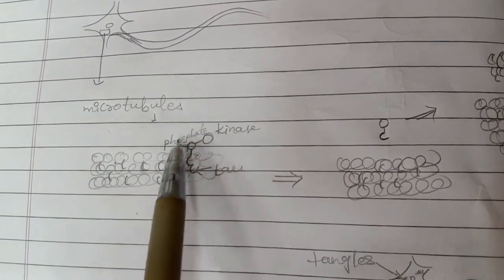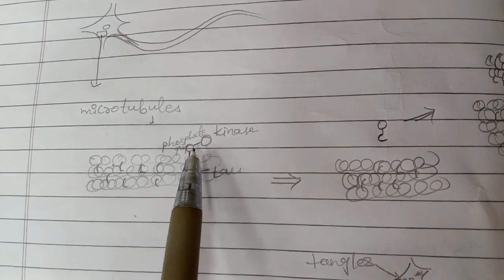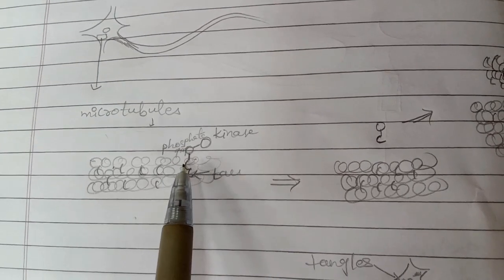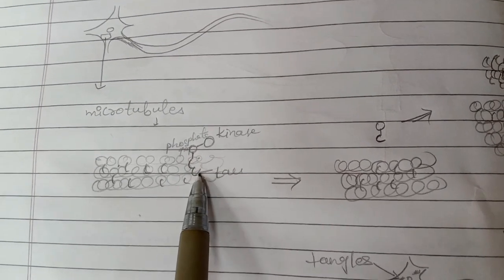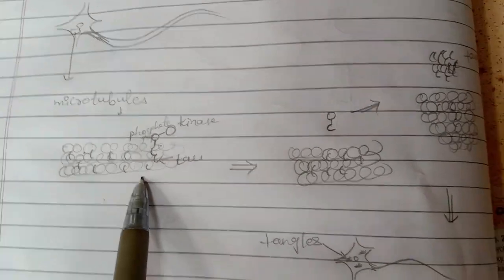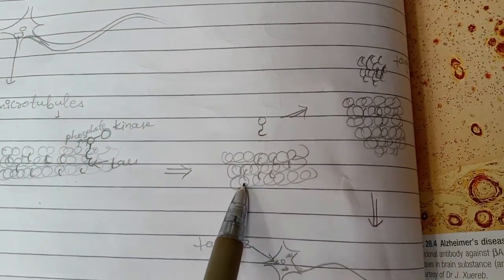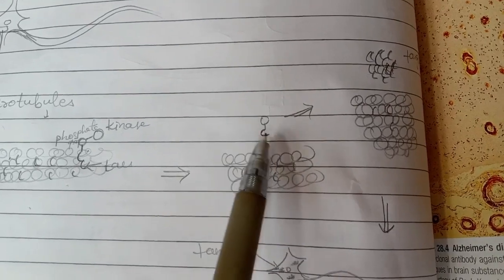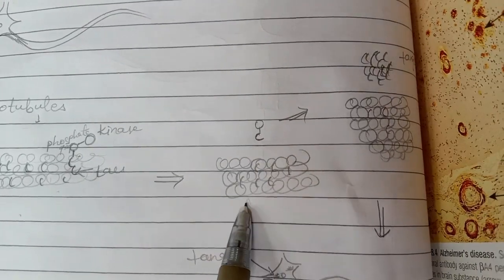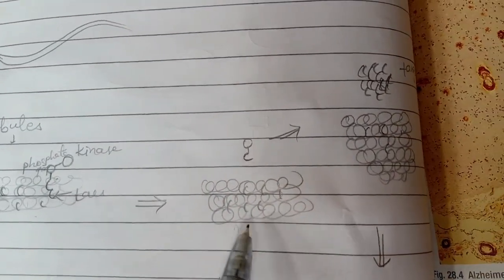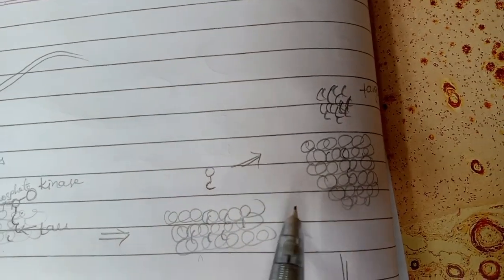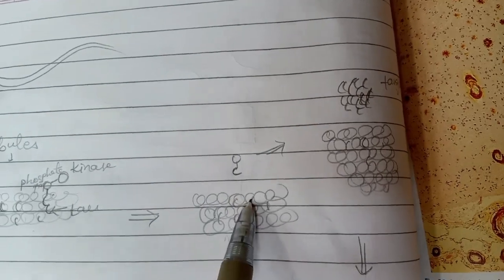releases its phosphate group, and this phosphate group binds to tau protein which is present in these microtubules. Okay, so it binds to tau protein, and then this protein which supports this system, this microtubule, loses its function.